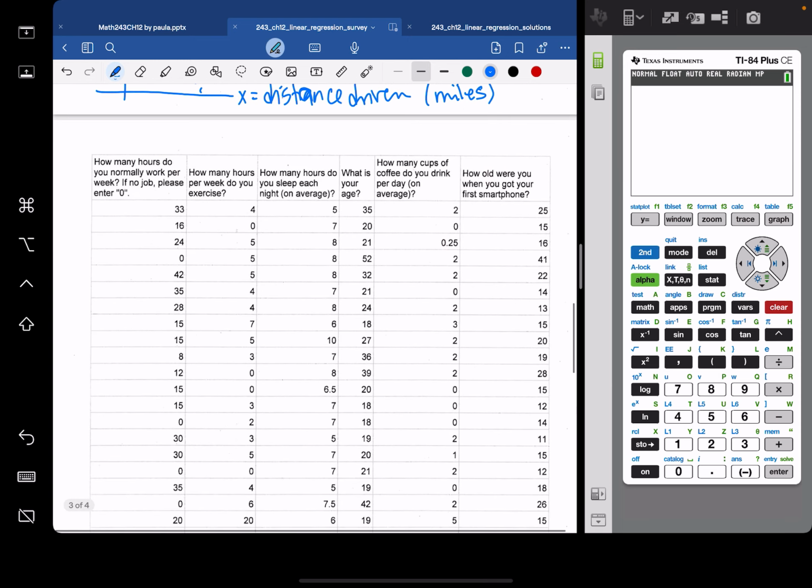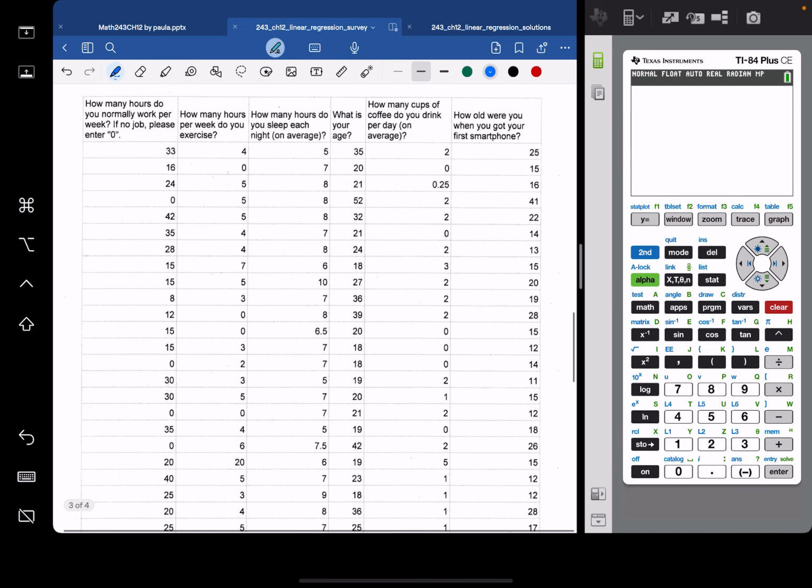The last thing I wanted to point out to you is that I have this data from the class survey, and this would allow you to potentially do some other investigations about whether there's a correlation between your age and how much coffee you drink, or how much you exercise and how much you sleep. And it's not clear when you look at this where would be the independent and dependent variables.